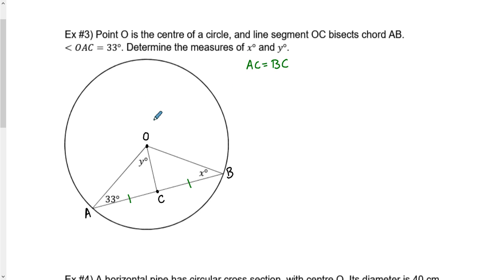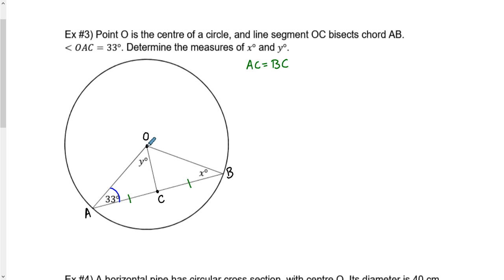It says that angle OAC, so this angle right here, is 33 degrees. We're going to determine the measures of X and Y. So here's a few special properties. Well, O is the center of the circle.